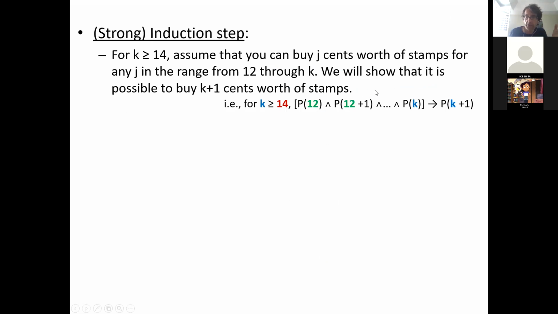Afterwards I'm building more and more, but at the initial point I have to have 3 base cases here, or otherwise moving down by 3 is going to get me out of the range. So if I only had P12 and P13, and I tried to prove P14, if I subtract 3, I will get to P11, which doesn't exist, which is actually not true. That was my counterexample a few slides back.